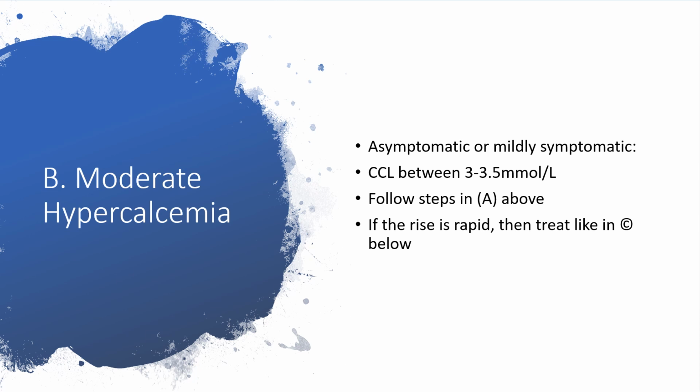We have to follow the steps as if we are treating mild hypercalcemia, and that will include stopping thiazides, lithium after discussing with the attending psychiatrist, increase mobilization, increase fluid intake per oral at least 6 to 8 glasses per day, but to anyone vomiting and cannot take per oral, you are free to give your IV fluid.